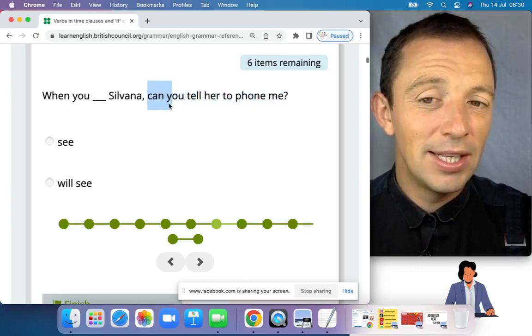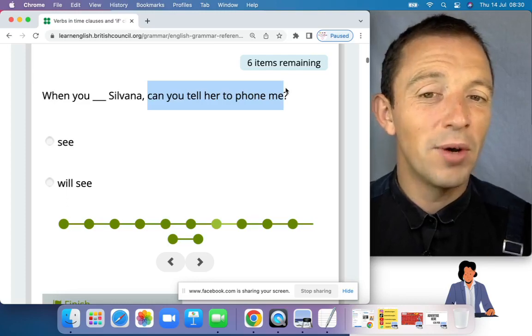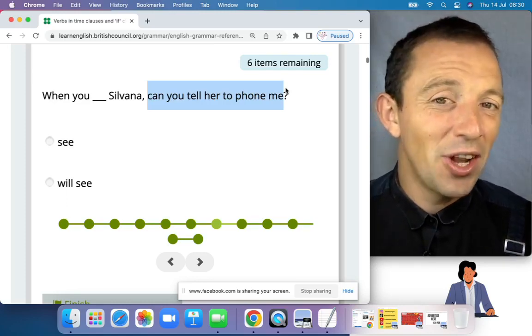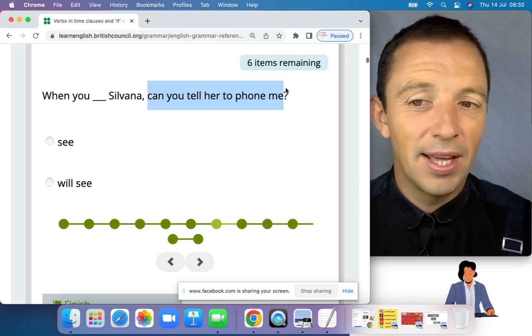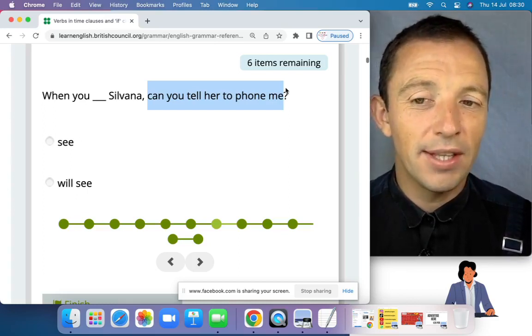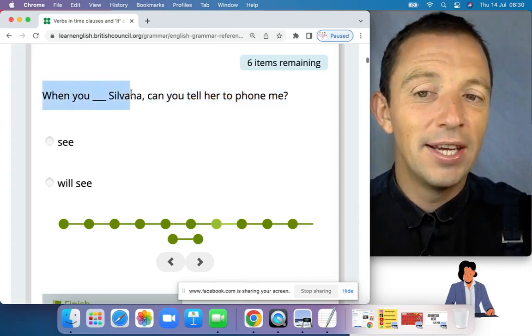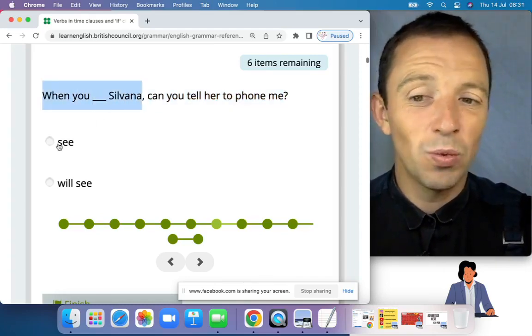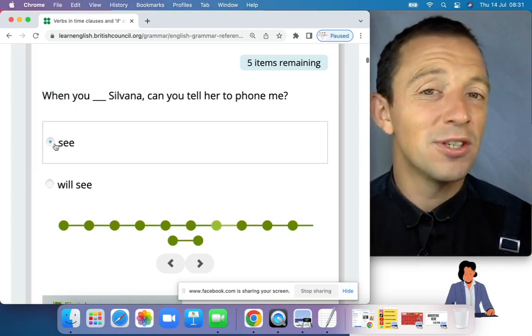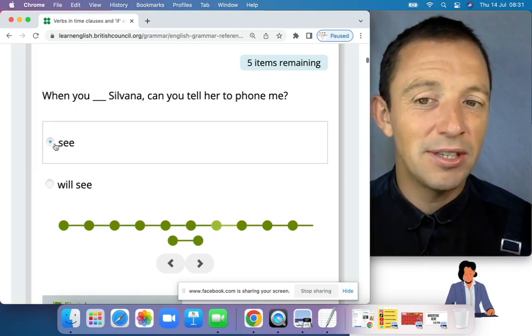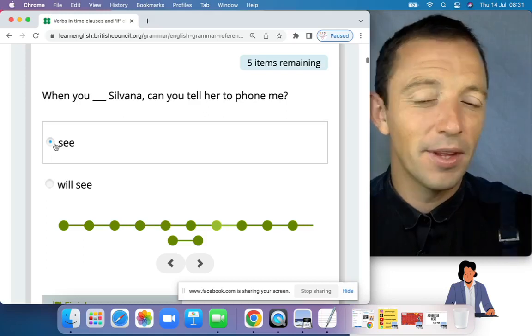So the second clause is a question, and it's the modal verb, can you tell her to call me? And that second clause is the present. Therefore, I think the rule applies: with the when clause, the time clause, we use the present also to speak about the present or the future. And I think that's correct. When you see Silvana, can you tell her to phone me?